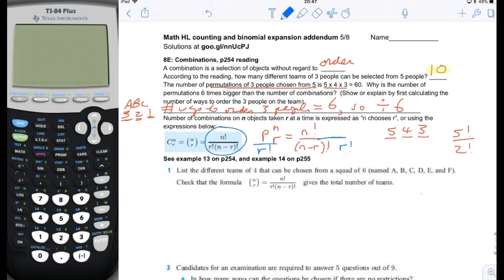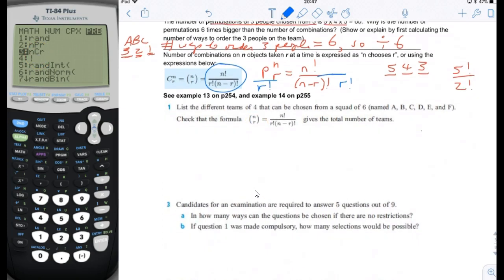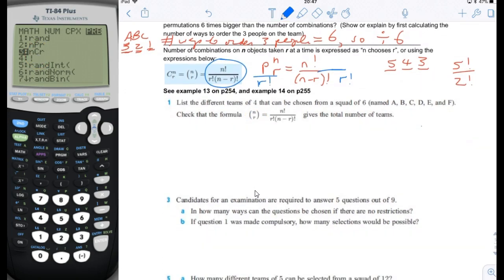There is, of course, a calculator function to do that under math probability. It's the third function here, nCr. A lot of times we can do these combinations by hand, even though it looks like you do multiplications that are too big to do by hand. Actually, there's a lot of canceling out that happens, and I'll show you how to do that on some of these problems.